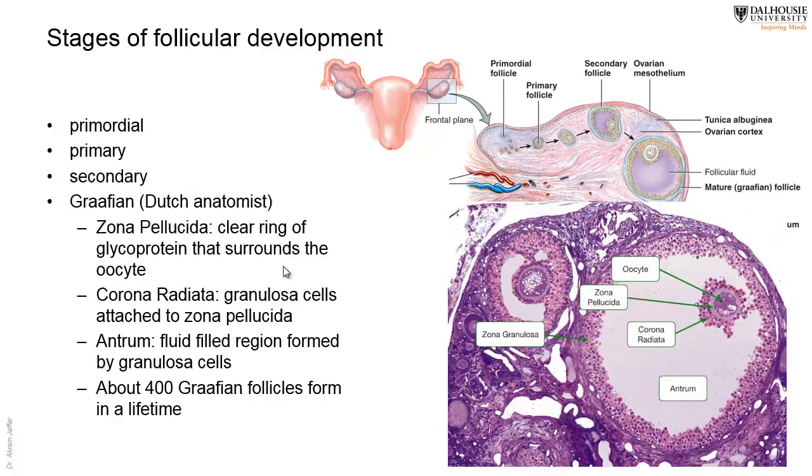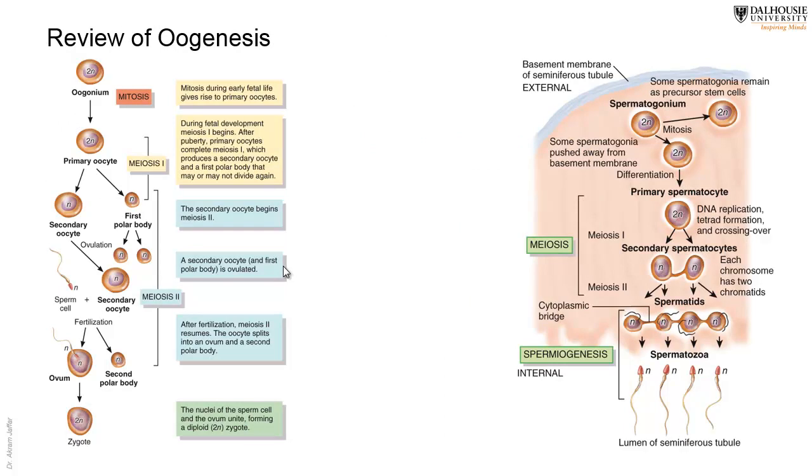Here, these are the development of the germ cells in the male. So the primary spermatocytes in the male start development at puberty.